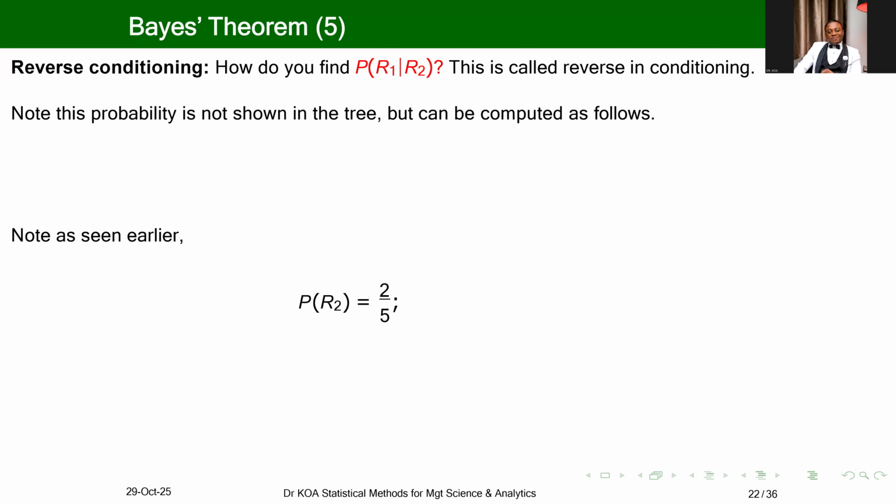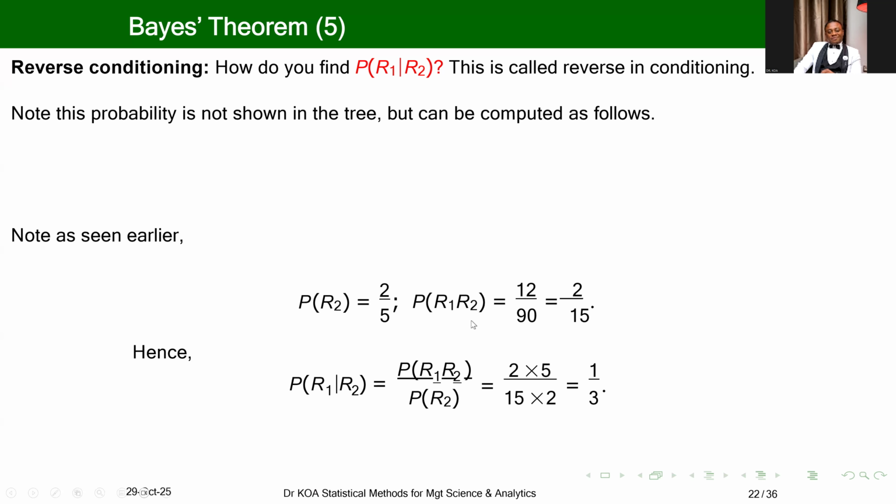First of all, we know the probability of R2 is this. We just found that. And we know the probability of R1, R2 is 2 over 15. So we can easily find the probability of R1 given R2 by using the same Bayesian formula, depending on the conditional probability. And that is going to be the probability of R1, R2 divided by the probability of R2.